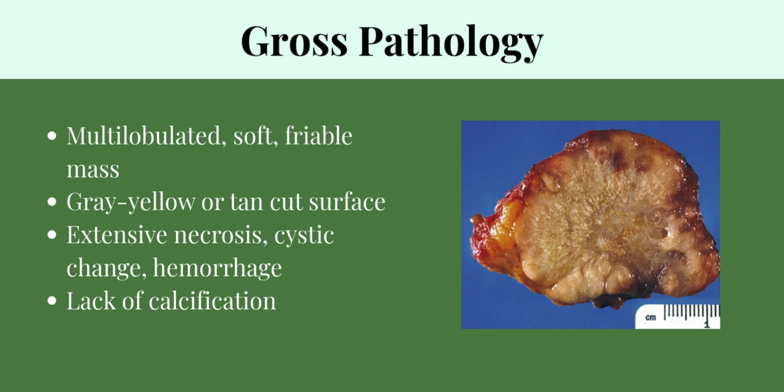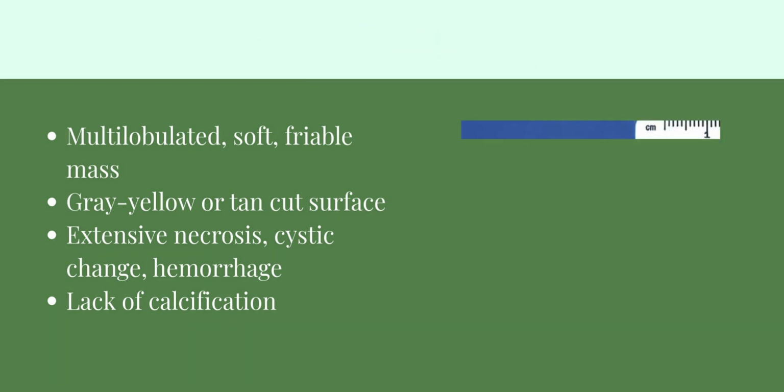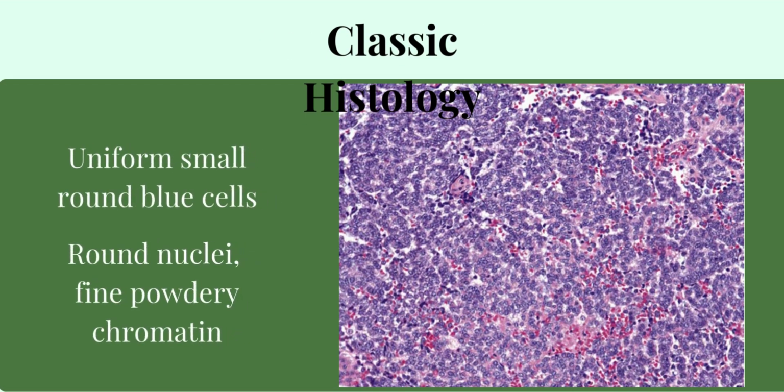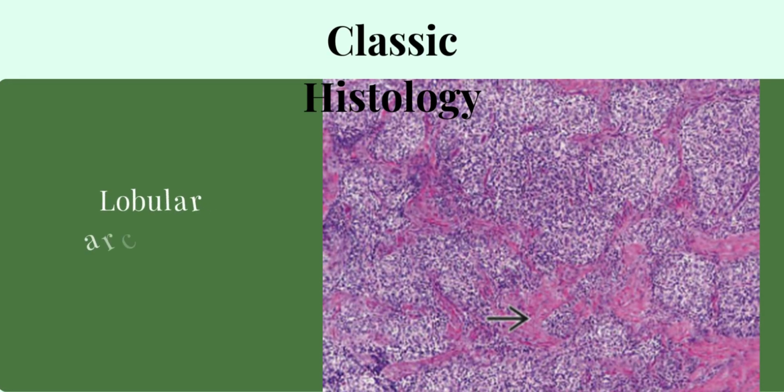Grossly, the tumor is multilobulated, soft and friable with a grey-yellow cut surface. Extensive areas of necrosis and hemorrhage are typical, though calcification is characteristically absent. Histologically, classic Ewing sarcoma shows a lobular pattern of remarkably uniform small round cells.